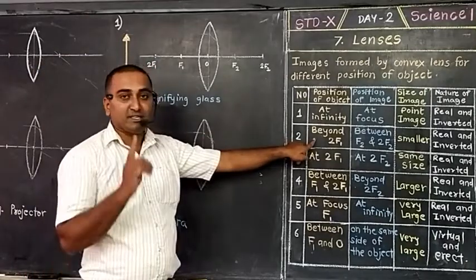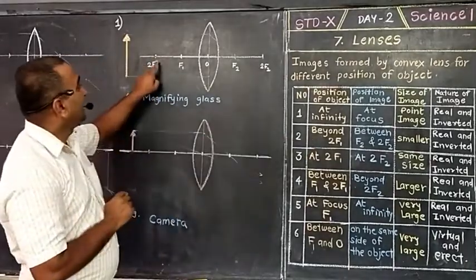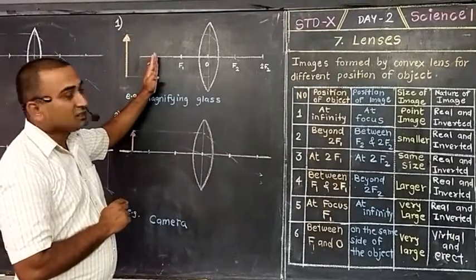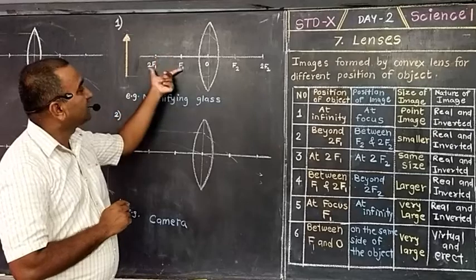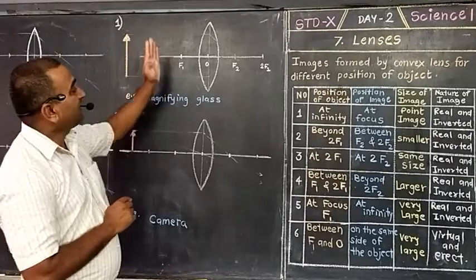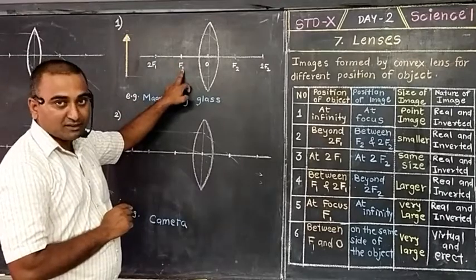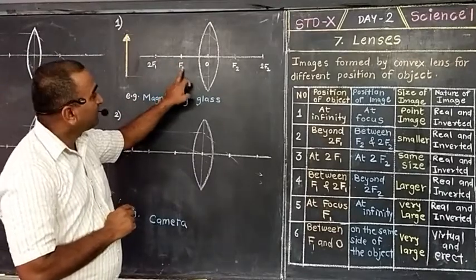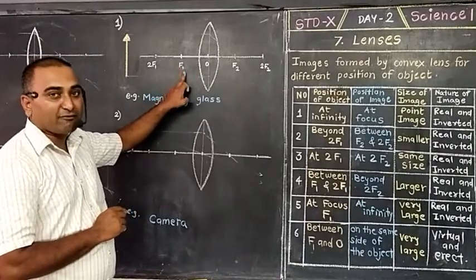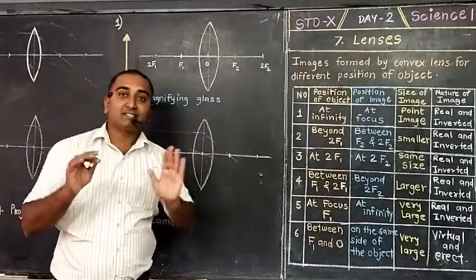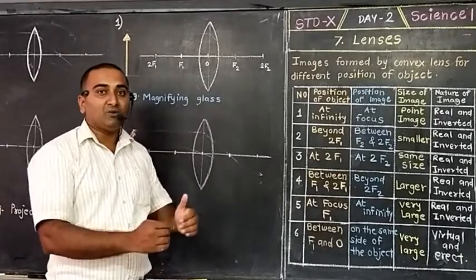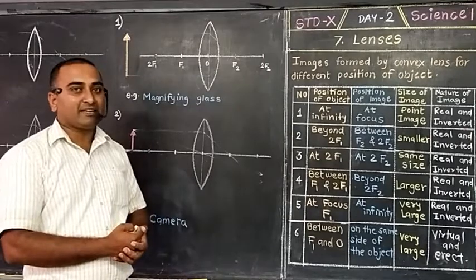Third, exactly at 2F1. Then if you move the object towards the lens, it is between F1 and 2F1. Then exactly at F1, the focus. Then between the optical center and the focus, or F1 and O. These are the 6 positions of the object, and for each position we will see how the image forms.